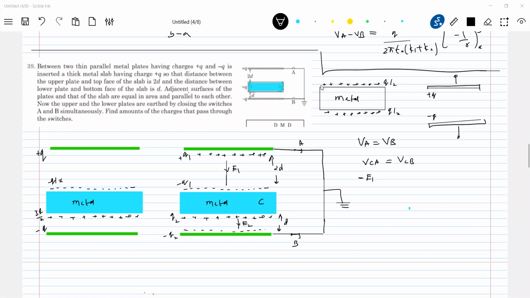Charge should be conserved and electrostatic induction must take place here. So minus E1 into 2D. So VCB is equal to E2 into D, that one.